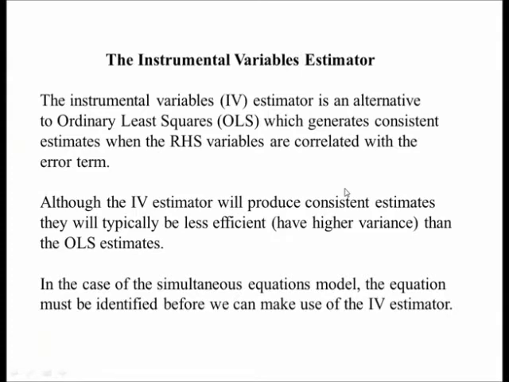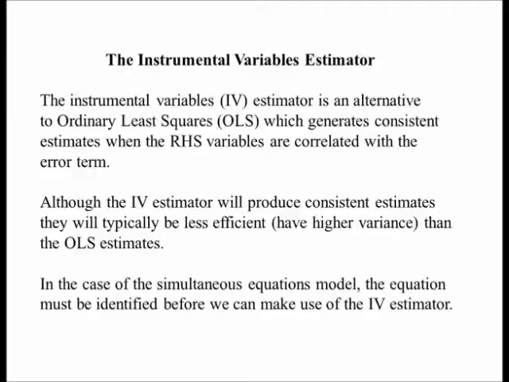So if we go to our slide presentation here, then let's say a few words about the instrumental variables estimator. Well, basically, the first point to note is that it is an alternative to ordinary least squares. And the reason why we choose this alternative is we want a consistent estimator even when the right-hand side variable is correlated with the error term.